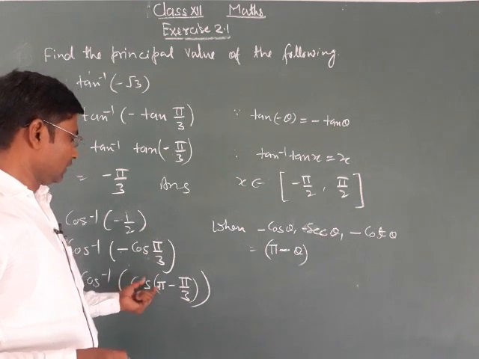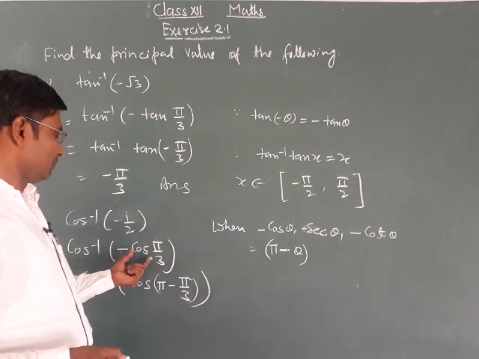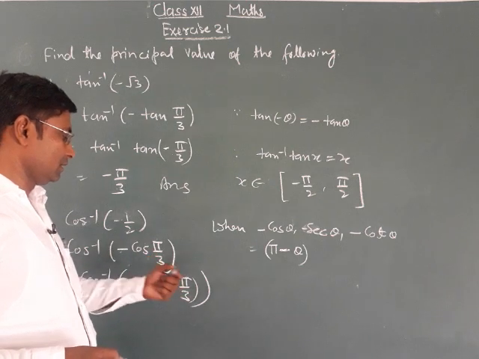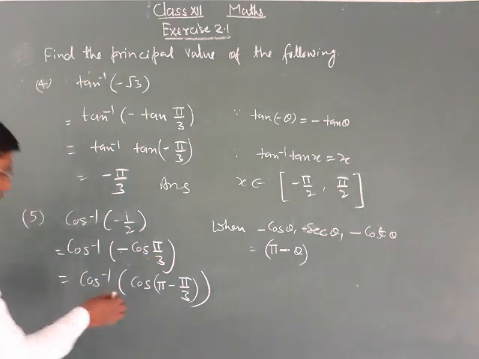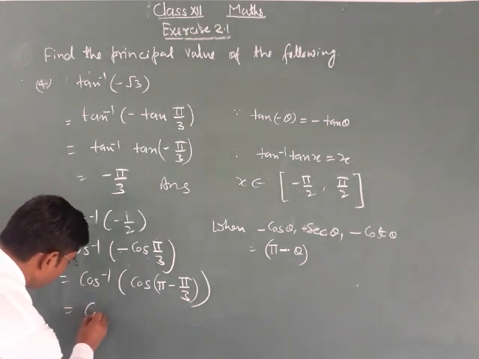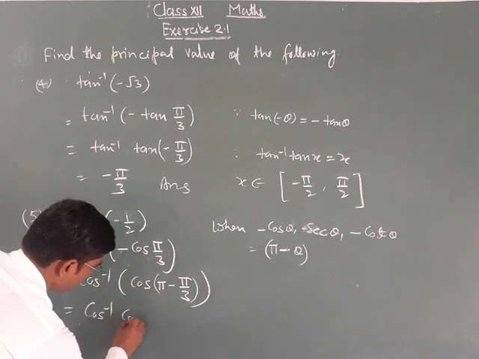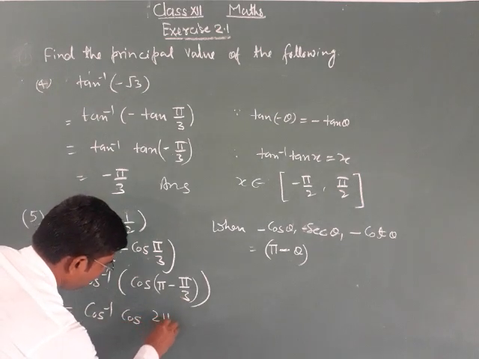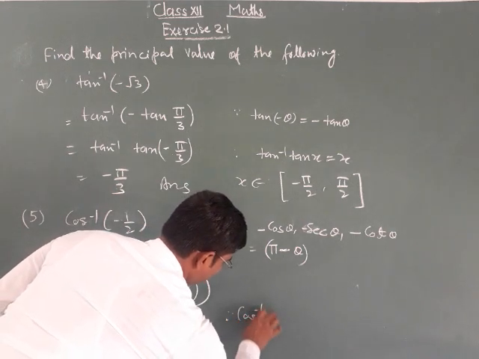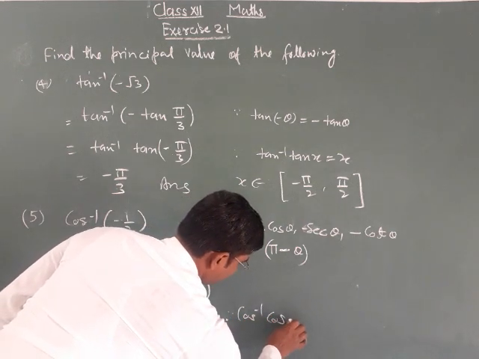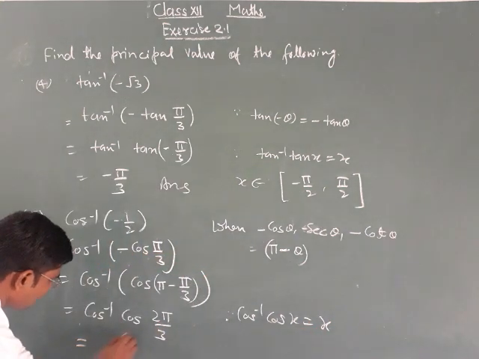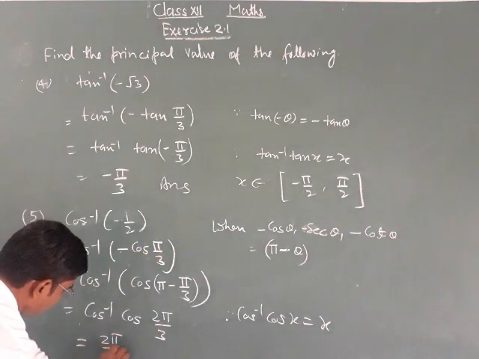So replacing, we get pi minus pi by 3, and we can also write cos inverse cos 2 pi by 3. Since cos inverse cos x is equal to x, we get 2 pi by 3.